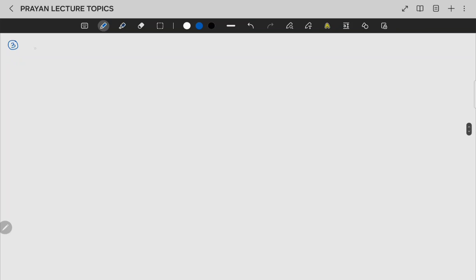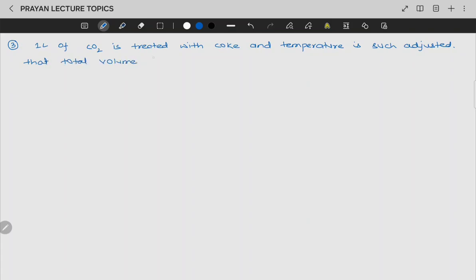Example 3 is: 1 liter of CO2 is treated with coke and the temperature is so adjusted that the total volume after the reaction is 1.4 liter.